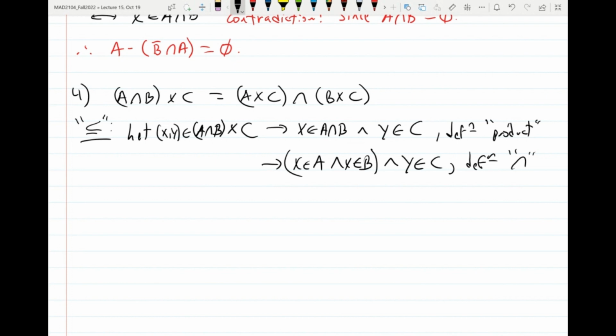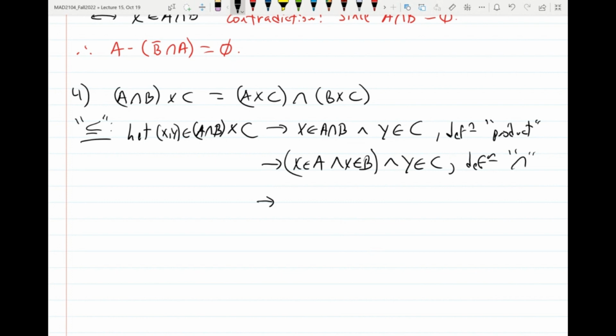Do you think that makes sense? Yes, of course. If you have P, what can you deduce? You can deduce P, but you can also deduce P and P. In other words, or you could also write P or P, whatever you want, right? So that means that if I have Y as an element of C, I will just write it twice, okay?